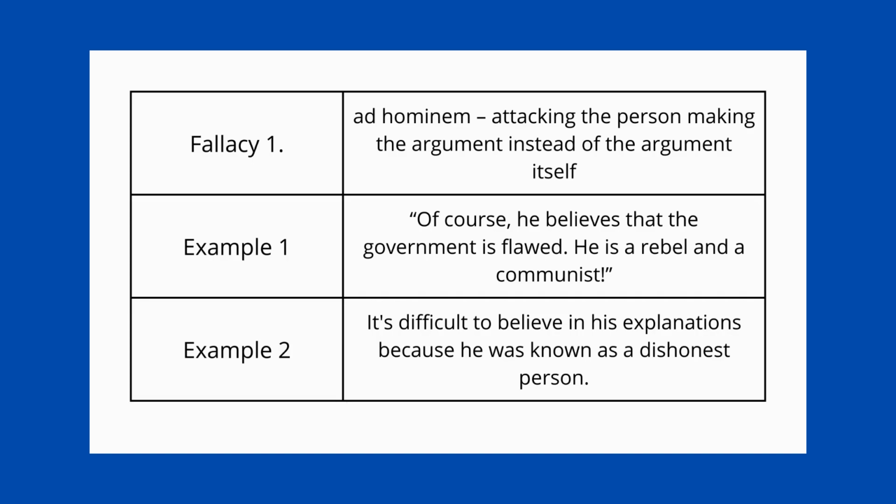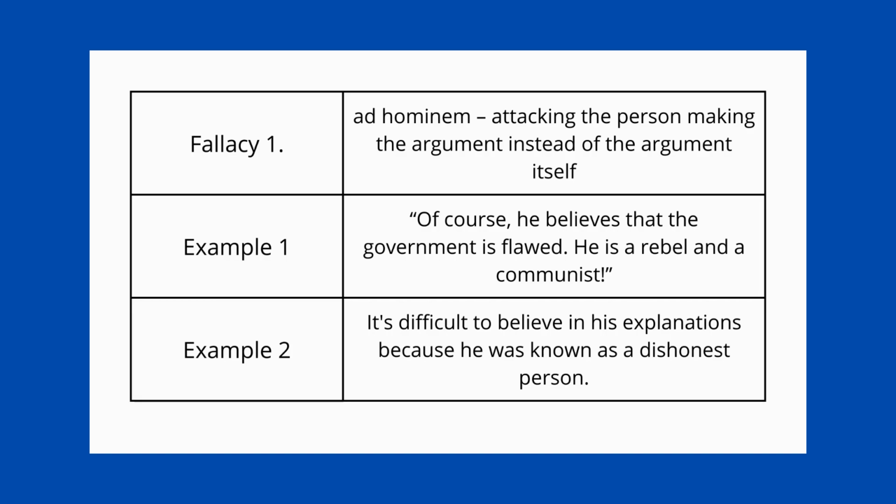Fallacy 1. Ad hominem. Attacking the person making the argument instead of the argument itself. Example 1. Of course, he believes that the government is flawed. He is a rebel and a communist. Example 2. It's difficult to believe in his explanations because he was known as a dishonest person.